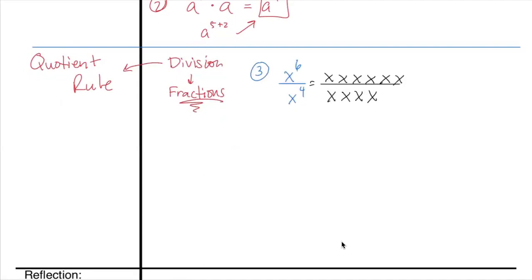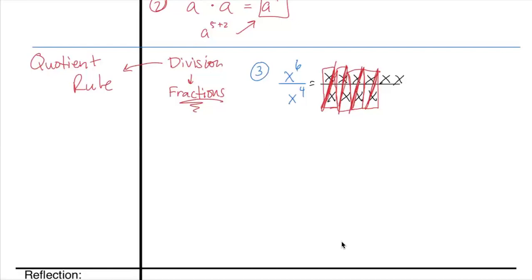Now those are expanded. We aren't multiplying these numbers like the product rule. We're dividing these numbers. So every time we have an x over x, x divided by x, that equals a 1. So this turns into a big 1, this turns into a big 1, these two turn into a big 1, these two turn into a big 1. Can I cancel out any more?